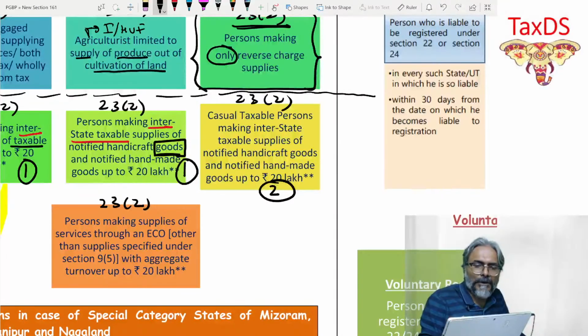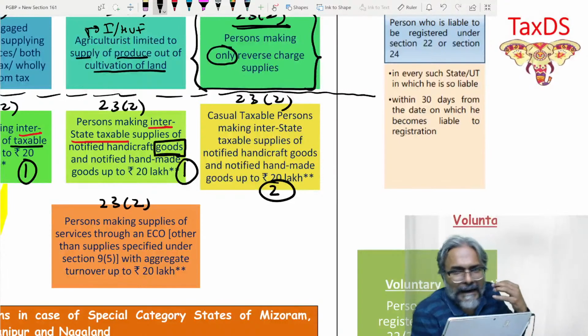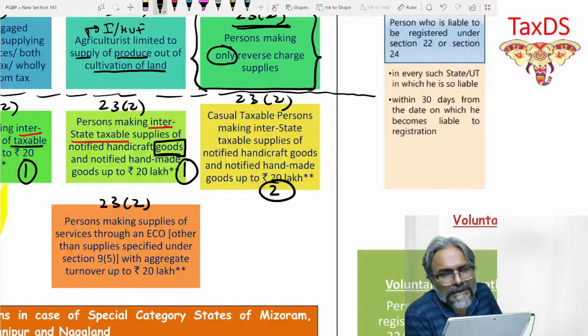What is this point number 2? Casual taxable person making interstate taxable supply of notified handicraft goods and notified handmade goods up to rupees 20 lakhs. So, say for example, students, I make handicraft goods. I'm in Delhi. Now, there is an exhibition in Noida. Noida is in UP.